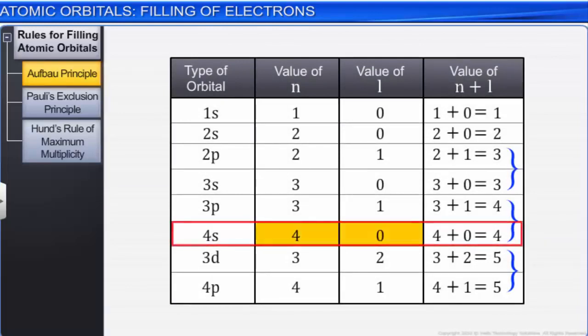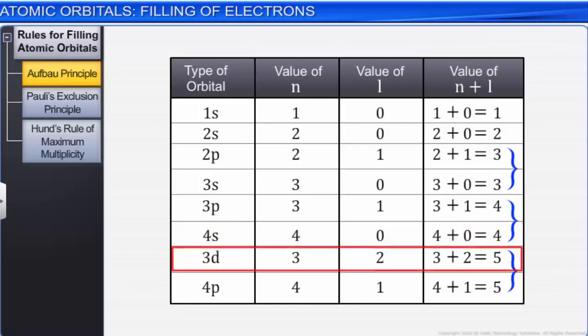Hence, the n plus l value is 4 plus 0 equal to 4. For 3d orbital, the values of n and l are 3 and 2 respectively. Hence, the n plus l value is 3 plus 2 equal to 5. This shows that the 4s orbital will be filled first, as the 4s orbital has lower value of n plus l than the 3d orbital has.